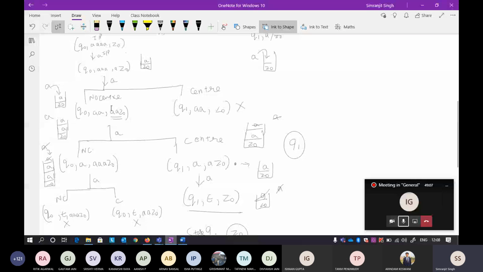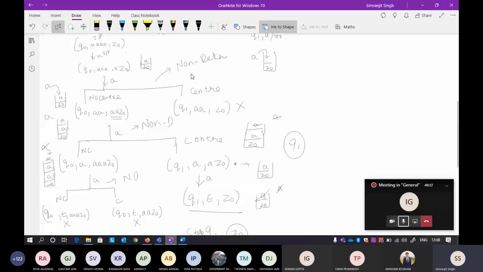Here is where the non-determinism is showing: at this step it is going towards two different states, and here there is also non-determinism. So keep in mind that the non-deterministic pushdown automata has more expressive power than the deterministic pushdown automata.